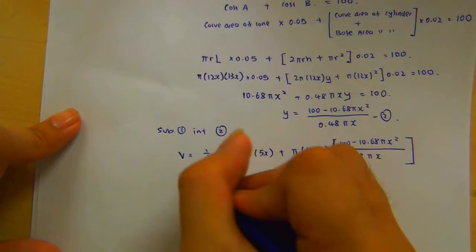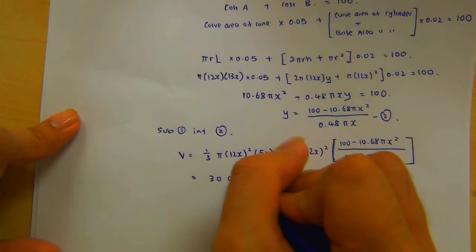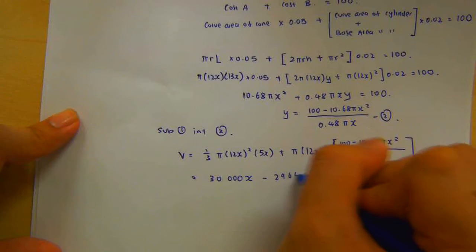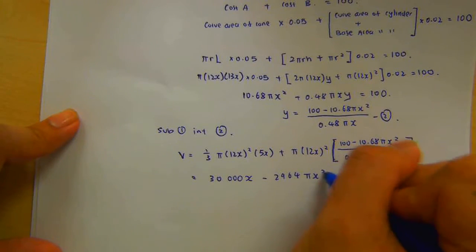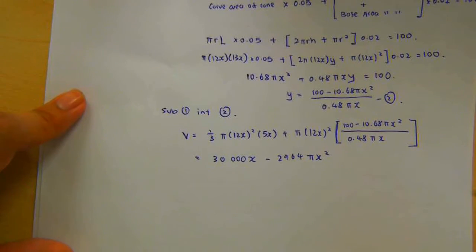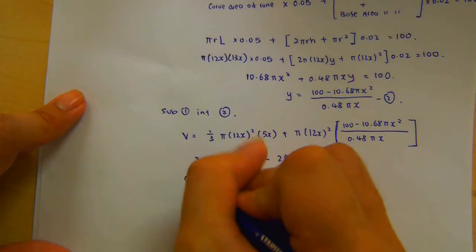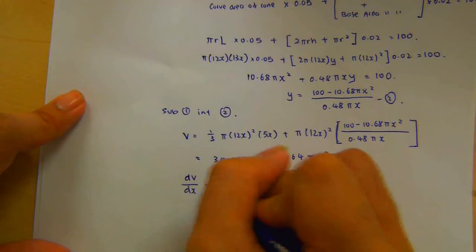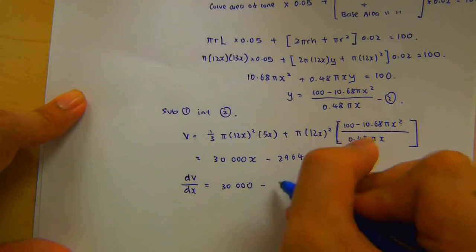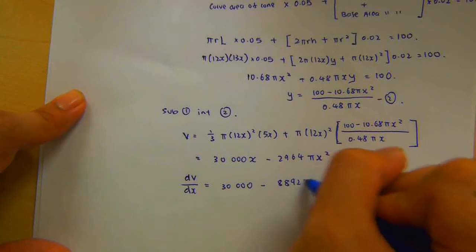So from here, we can simplify this to show what is required by the question. After we have done this, we need to differentiate v in terms of x. So this gives us this expression.